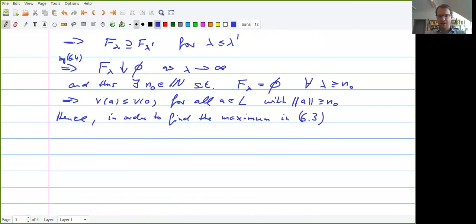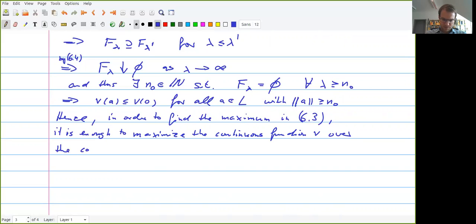Okay, and this is rather nice because it is enough to maximize the continuous function v, which is our value function, over the compact set A in L such that the norm of A is less than n0.